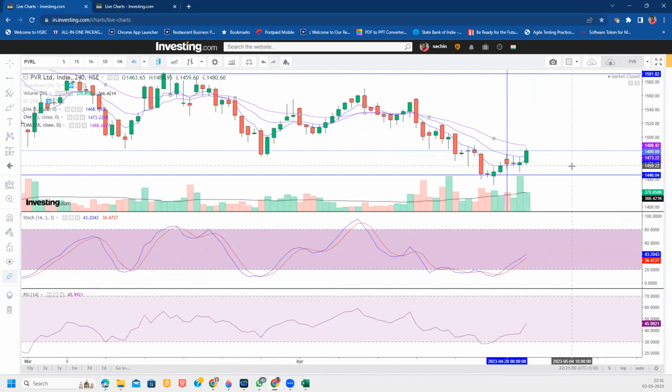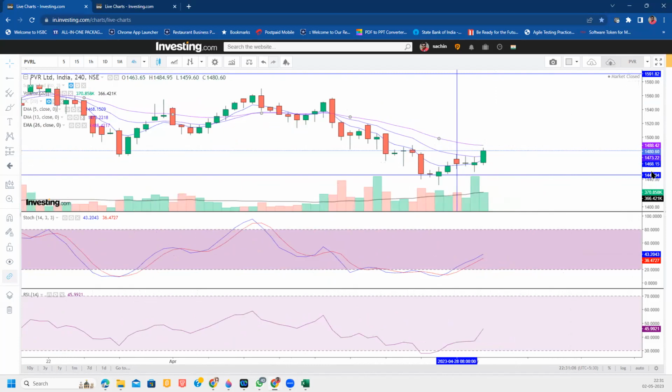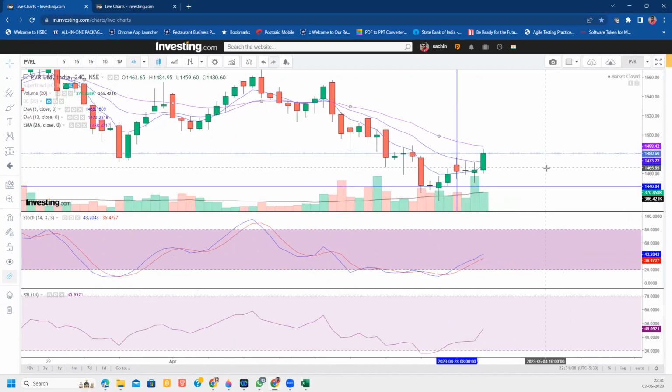So far, let us see what is happening in the 4 hour chart. Because the candle has not closed, it is not showing a clear signal, since no positive crossover has happened so far in the 4 hour time frame.